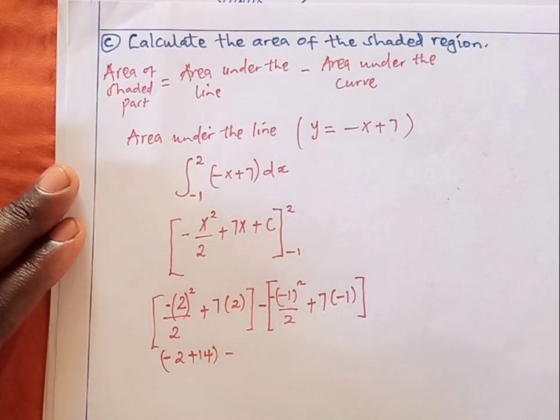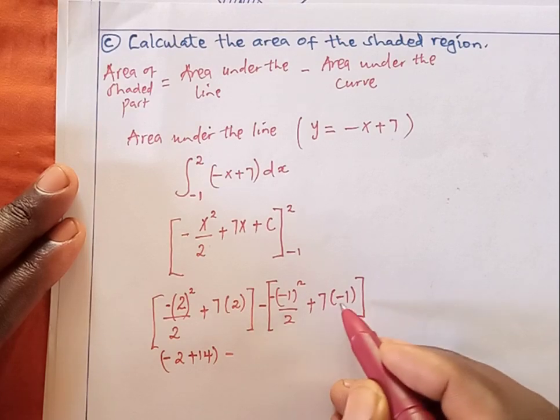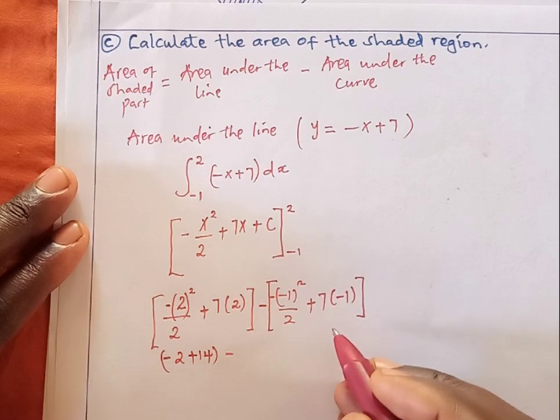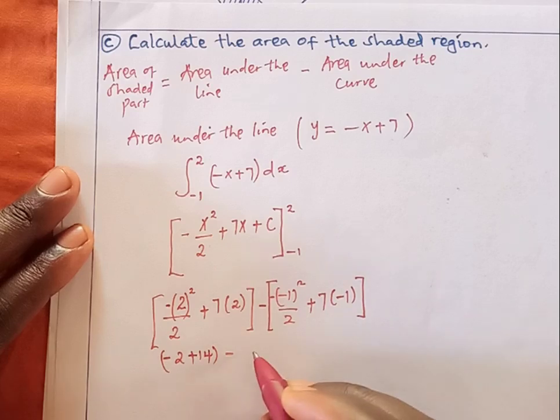So it is going to be negative a half minus 7, which gives us negative 15 over 2.